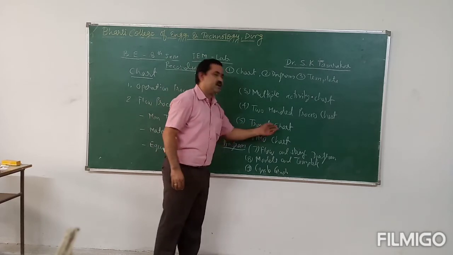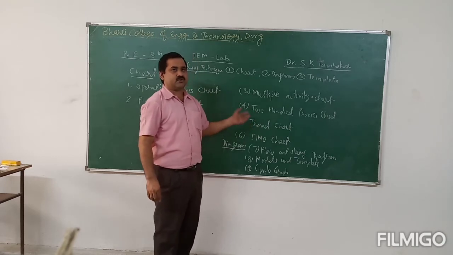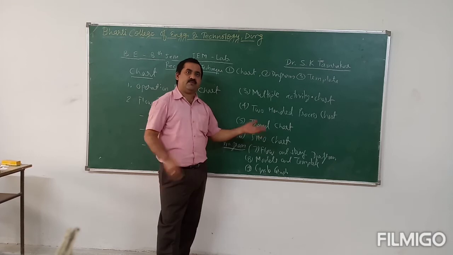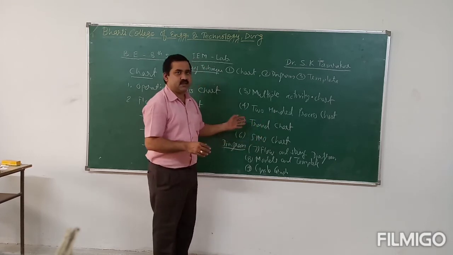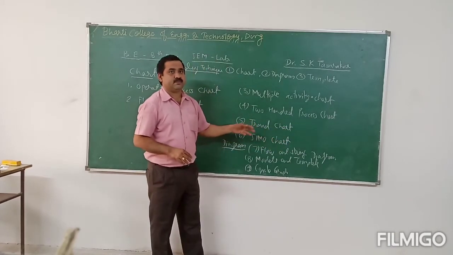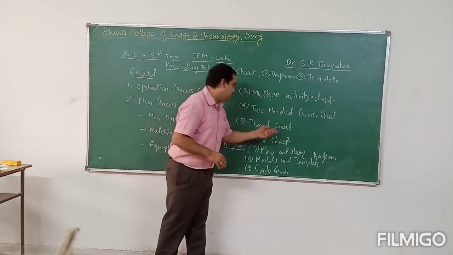Then the travel chart. If some raw material is put in the yard or stored and then travels to the machine and between different machines, and for inspection purposes that part can travel, or sometimes the inspector can travel, these things come under the travel chart.